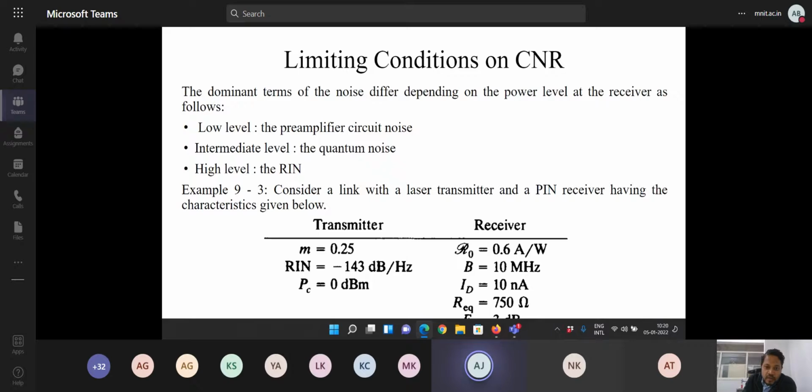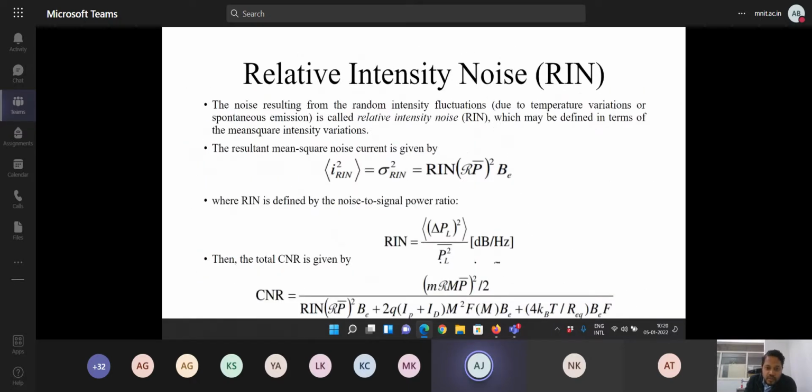That means in this expression, the preamplifier part corresponds to this last term. So this would be higher compared to the other two terms, compared to RIN and the photodetector noise.